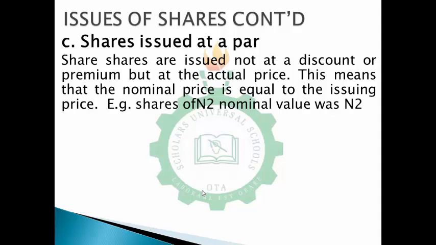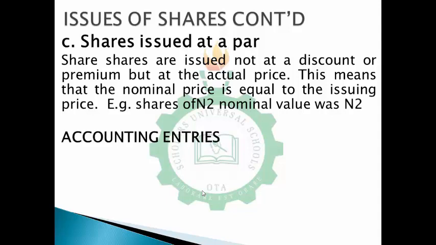The nominal value is equal to the issuing price. Take for instance, a share of 2 naira nominal value issued at 2 naira. In that case, you're not making profit, you're not making loss. At that point, you are said to be issuing that share at par.